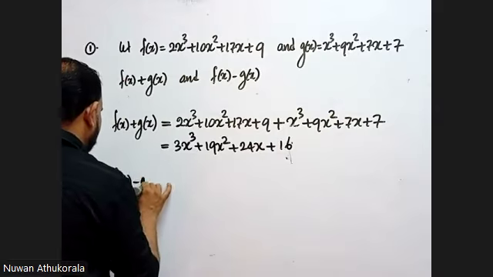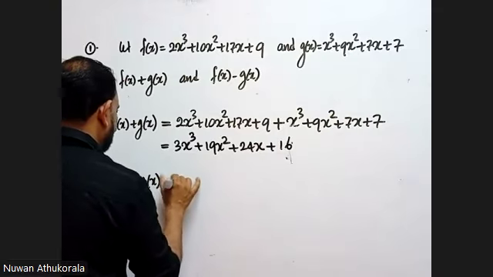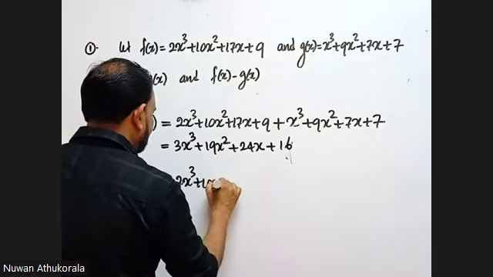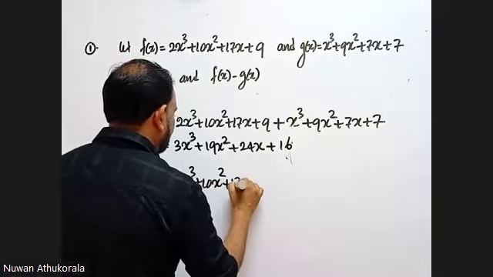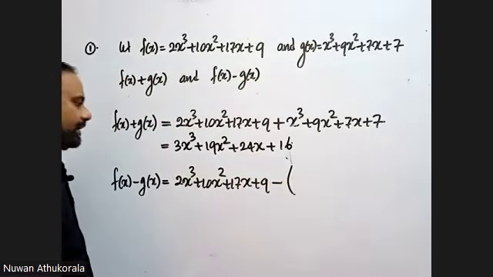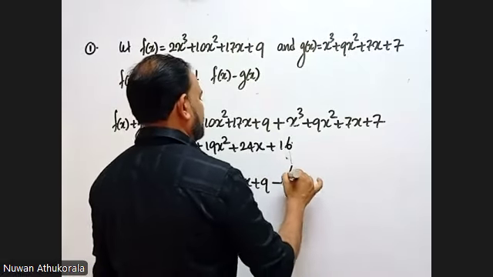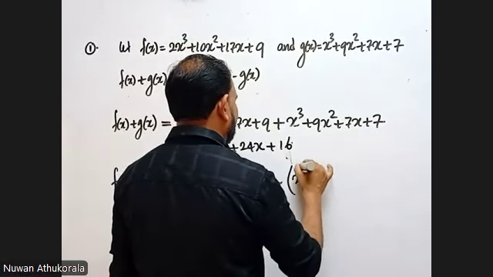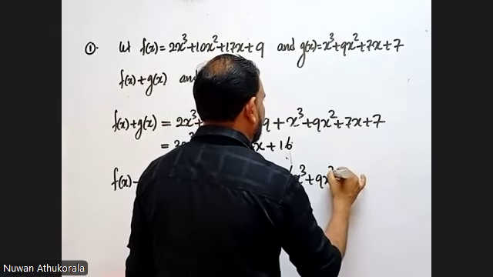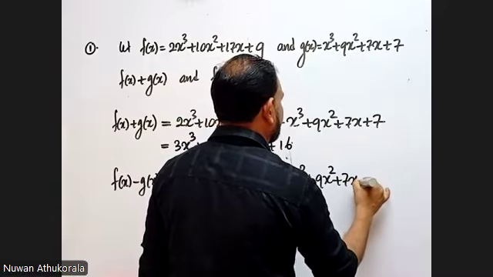f(x) minus g(x) equals 2x cubed plus 10x squared plus 17x plus 9 minus, use the bracket, function g(x), x cubed plus 9x squared plus 7x plus 7.